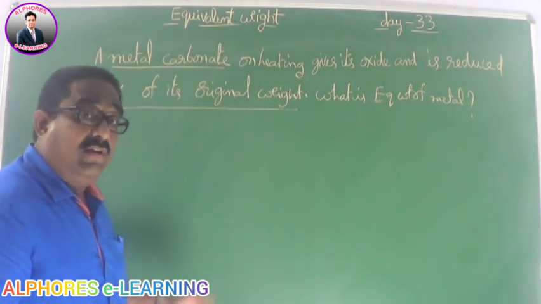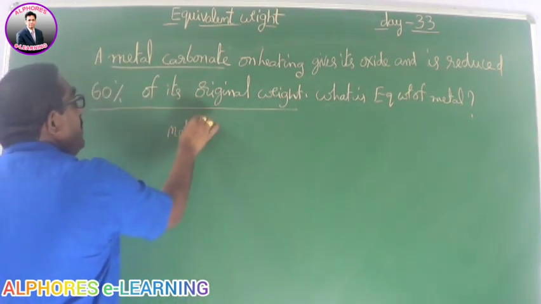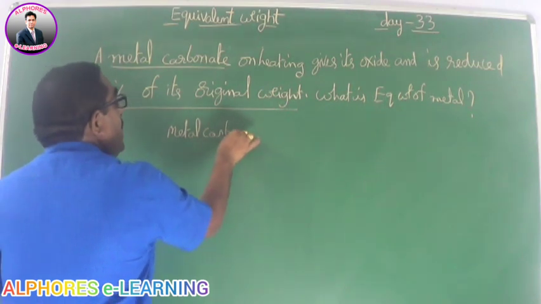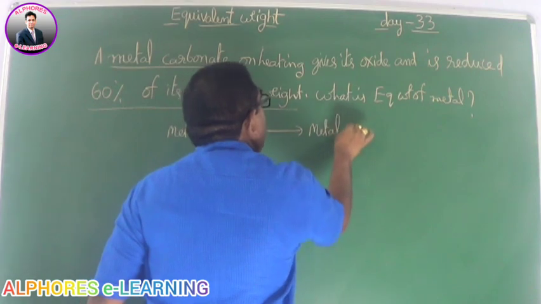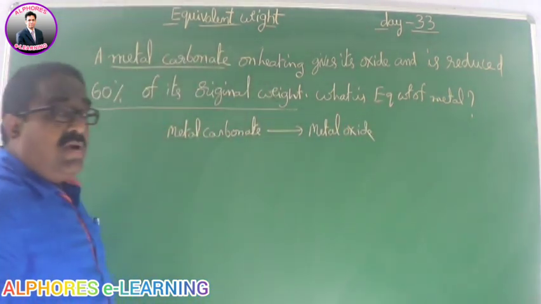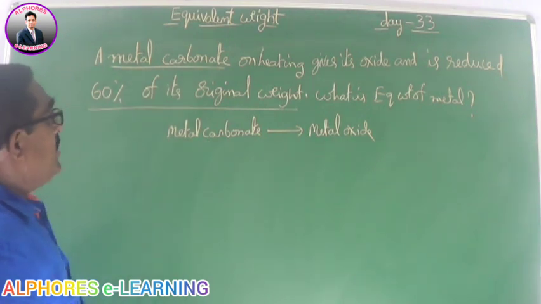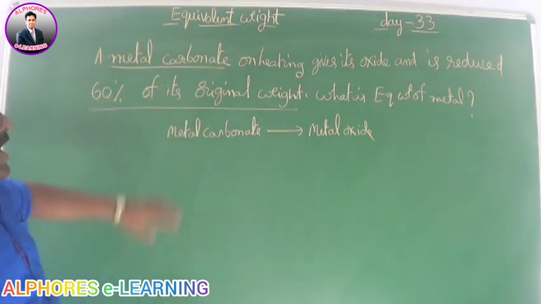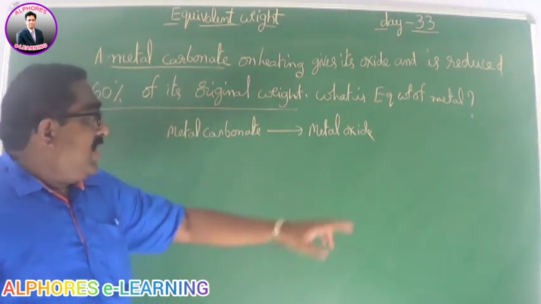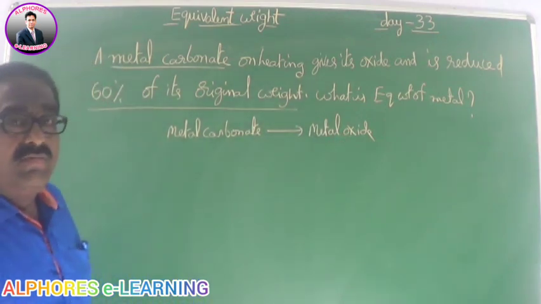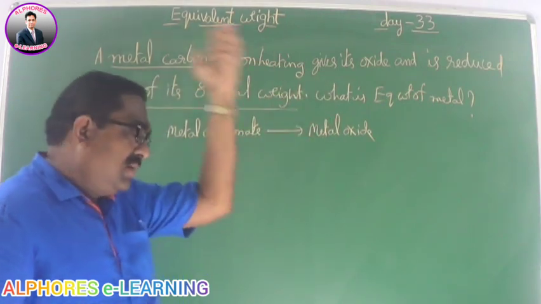So the real reaction is, I am writing here, students, metal carbonate is converting into metal oxide. This is a chemical change taking place on heating of carbonate. Okay, weight data he has given. If you start with 100 grams of metal carbonate, finally it will be left with 60 grams of metal oxide on complete conversion. 40% is some loss. Okay, leave it.